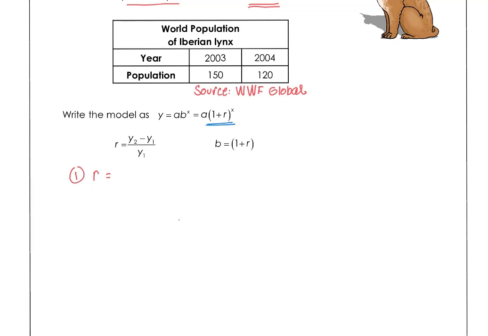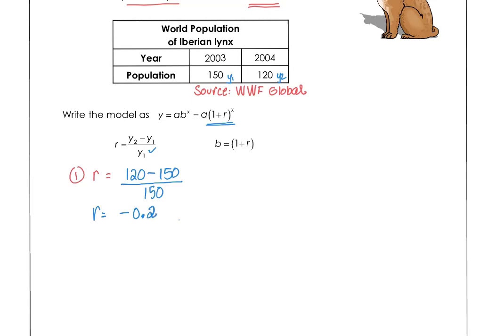So using the table, the r value can be found if we take 120 minus 150 and divide by 150. Since I'm calling this my y1 and this my y2, it says to divide by y1. So our rate is going to be negative 30 divided by 150, so that turns out to be negative 2/10.